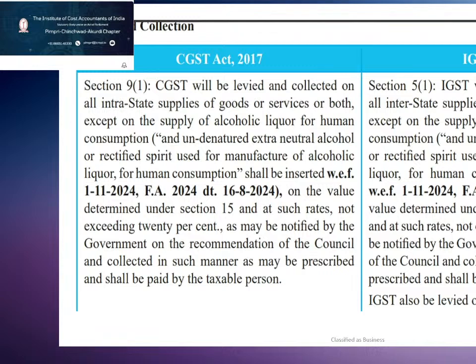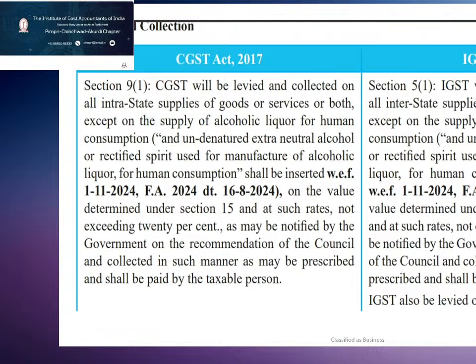So when he purchases the material, he will be paying the GST. So what will happen when he sells the material? He will add more cost to the product. So these are the disadvantages under the composition scheme.